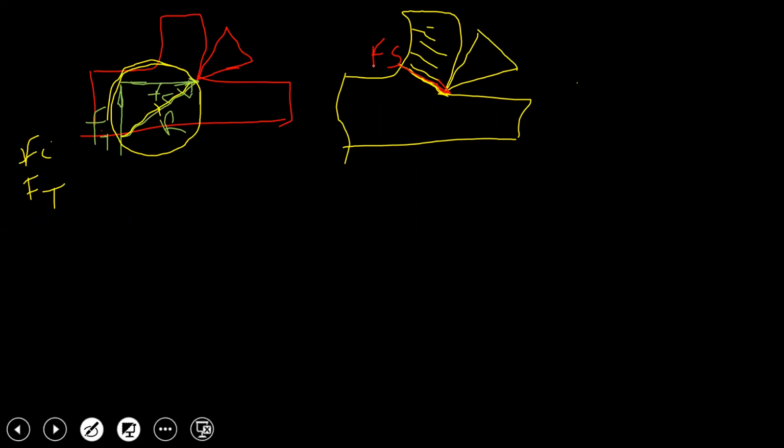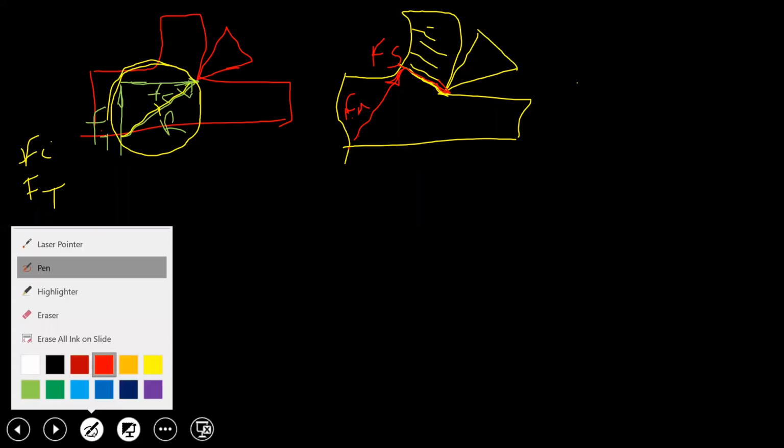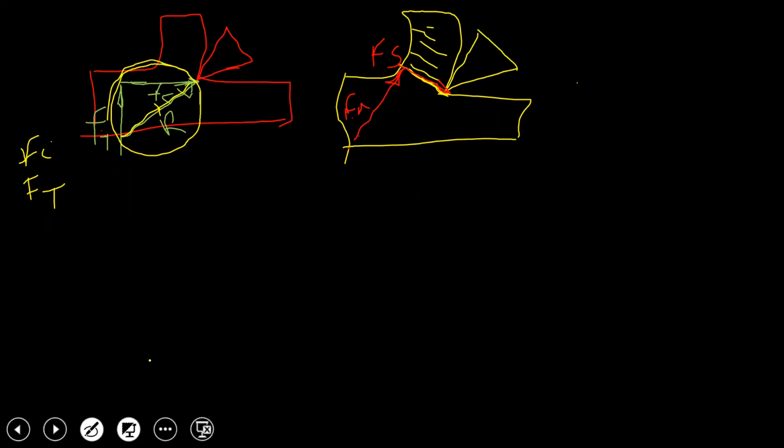Now I will draw one component that would be perpendicular to this shear force, and that one is called the normal shear force, or normal component of that shear force. Now again I will calculate a resultant of those two. It will lie somewhere here.